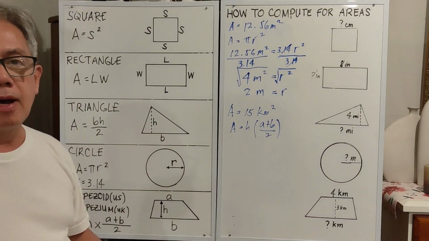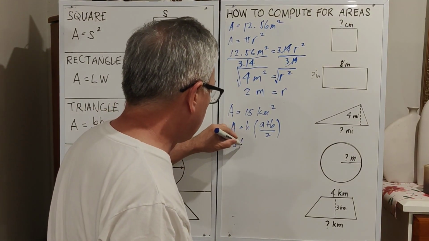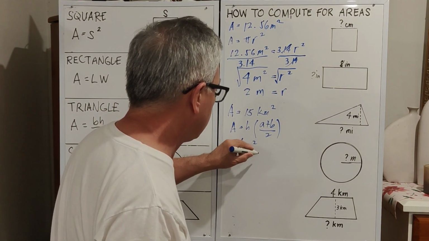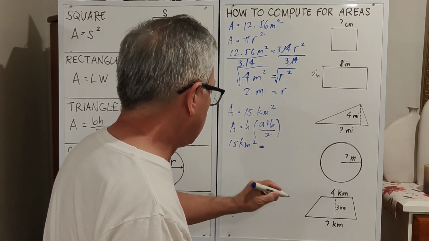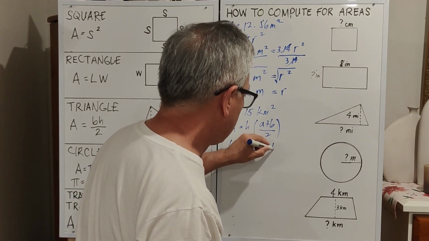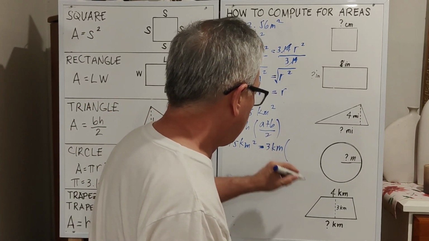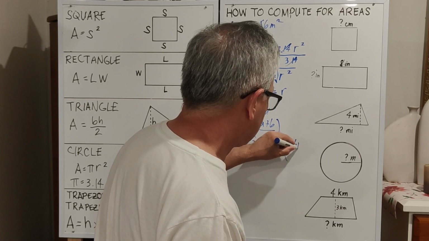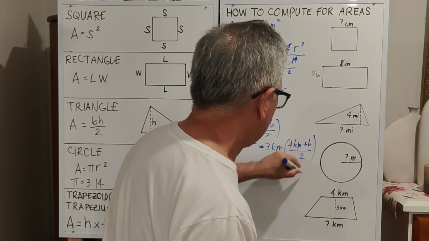So we just plug in the values. Area is 15 kilometers squared is equal to H, which is 3 kilometers, times A plus B, A is 4 kilometers plus B, over 2.